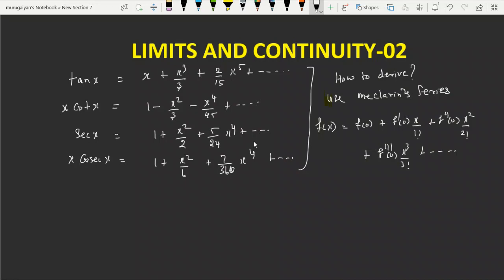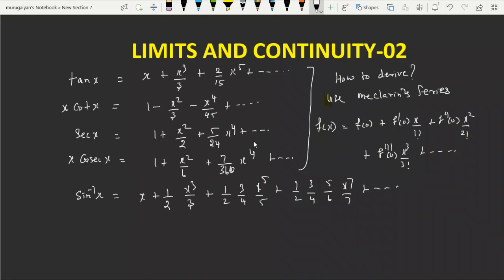Okay, let us continue. Then the inverse trigonometric function, sine inverse x: x plus 1 by 2 x cube by 3, plus 1 by 2 into 3 by 4 x power 5 by 5, plus 1 by 2, 3 by 4, 5 by 6, x power 7 by 7.